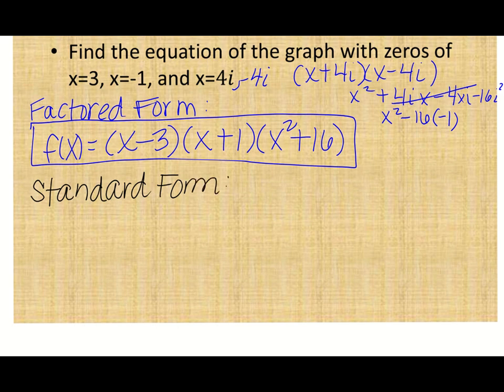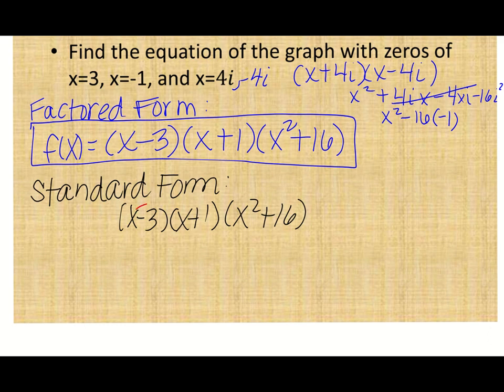So what I would do is I'd take my first 2 binomials and multiply them together and then multiply it into the last one. So I'm going to start by multiplying x minus 3 and x plus 1 together, and then I'll multiply that into x squared plus 16.